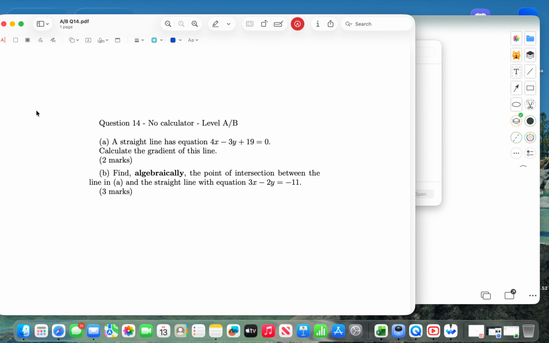Question 14. A straight line has equation 4x minus 3y plus 19 equals 0, and we have to find the gradient of the line.